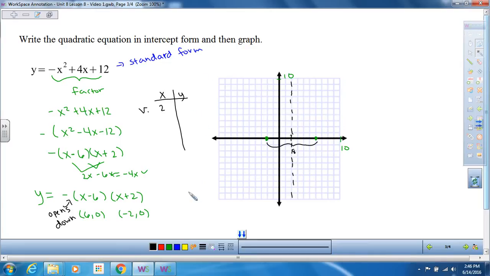Okay, so if I plug in 2, just work that out down here. I get 16, so it's somewhere up here.